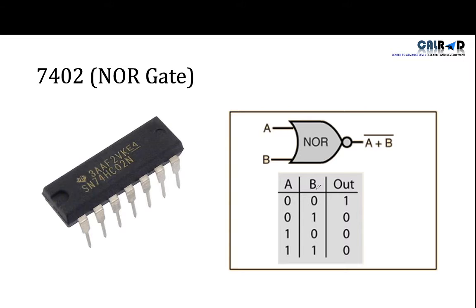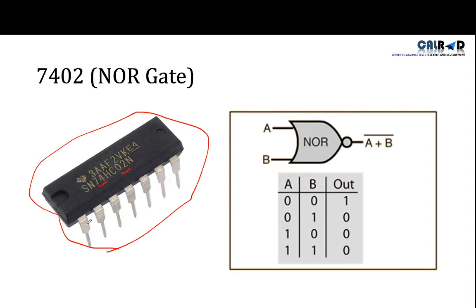Before starting our experiment, let's talk a bit about NOR gate or the IC which we are using. So in today's NOR gate, we will be using the IC named 7402. As you can see, this is a 7402 IC, and here its number is mentioned.